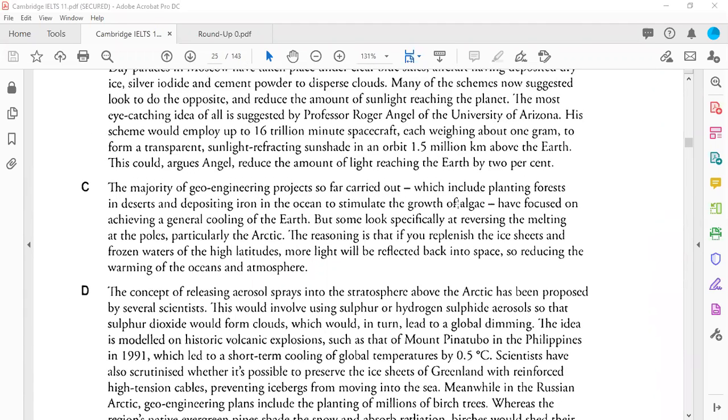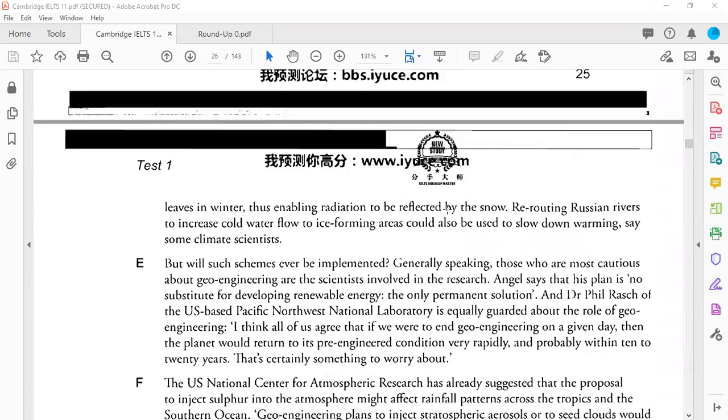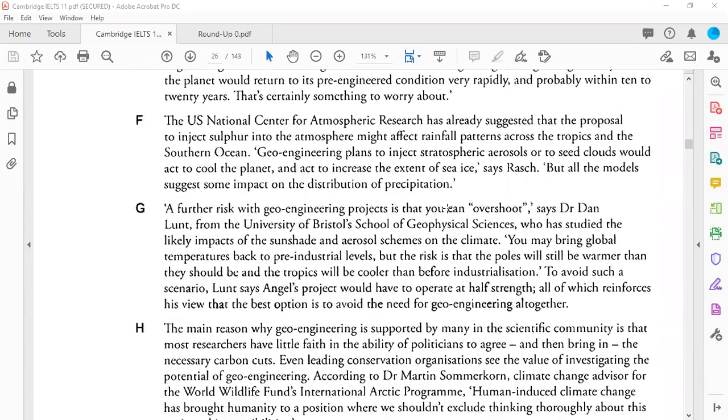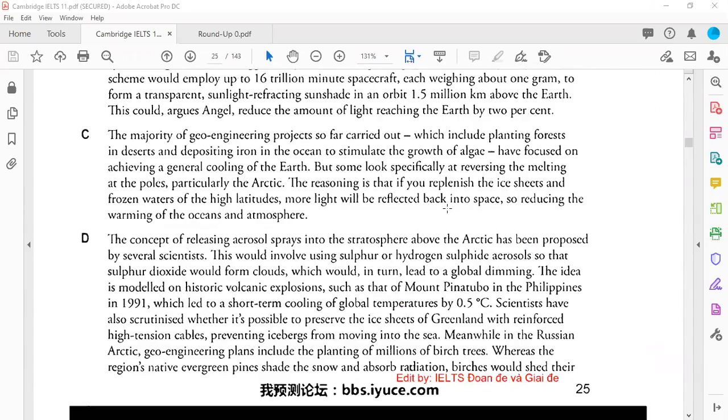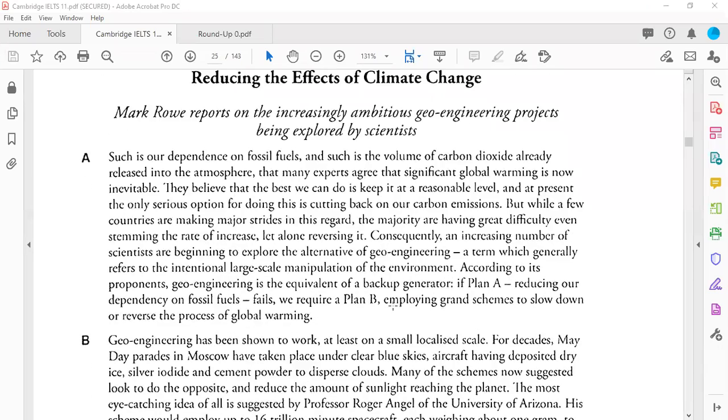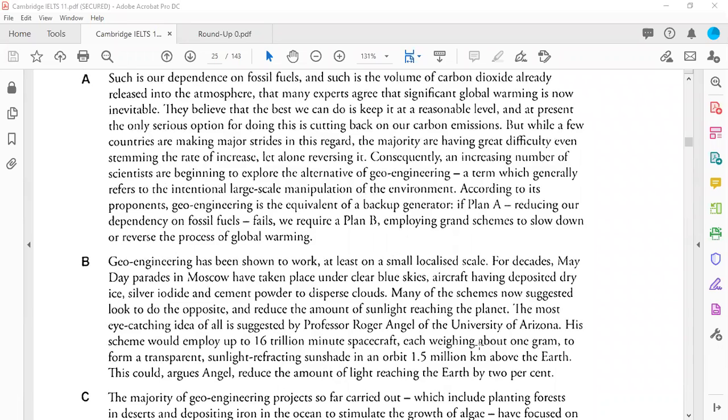They want to put 16 million baby aircraft, each weighing... to form a transparent, refracting sunshade.